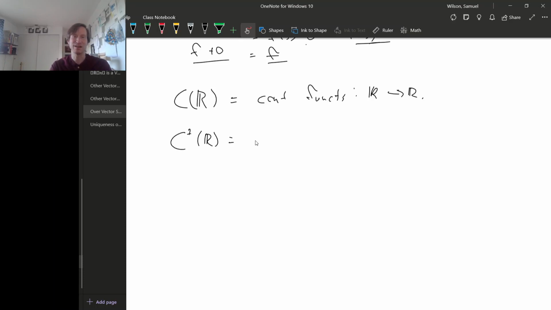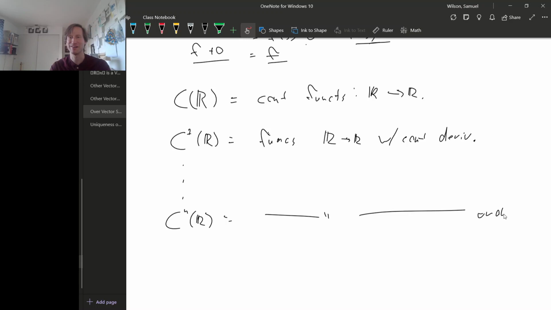This is functions from R to R with continuous derivatives, right? And so on. You can insist that there be continuous derivatives of any order.